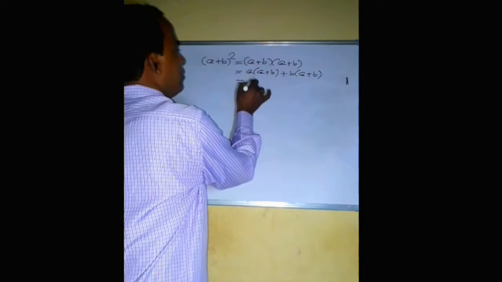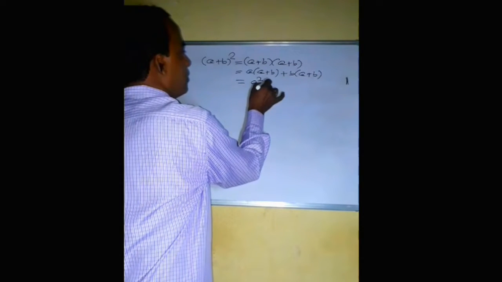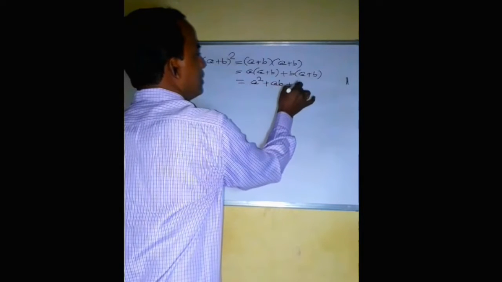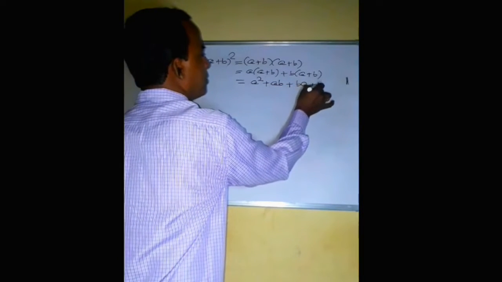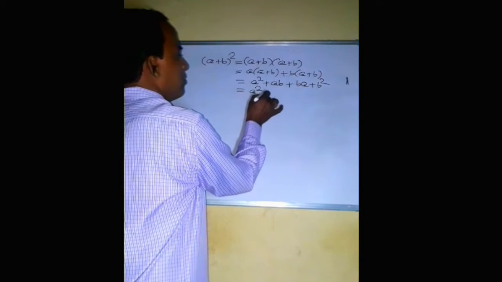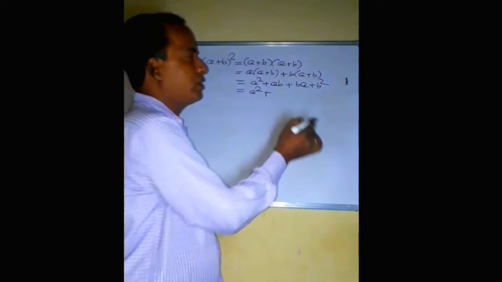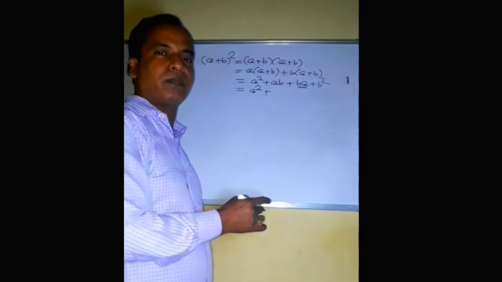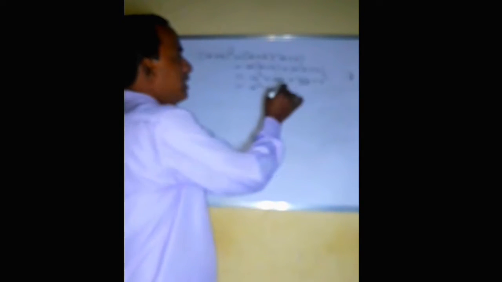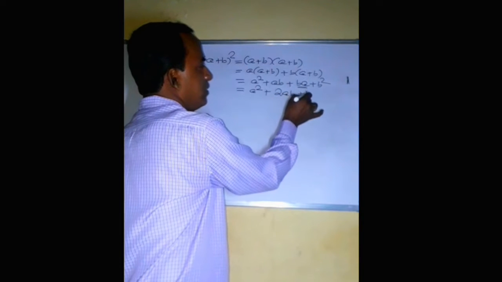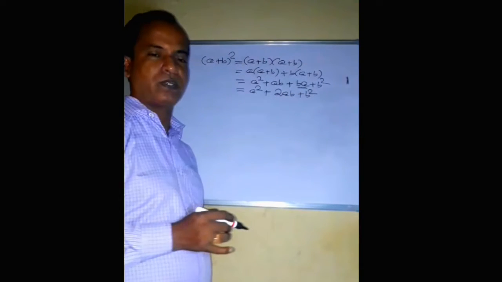Equal to a with a, a square, plus a into b, then b with a, ba, plus b square, equal to a square plus ab plus ab, and this ba is also the same as ab by applying the commutative property, so that is equal to 2ab plus b square.